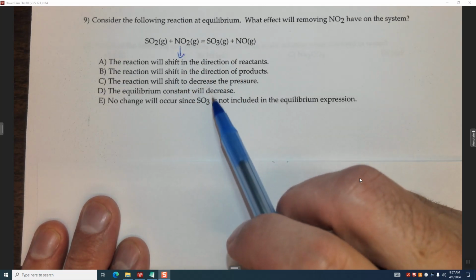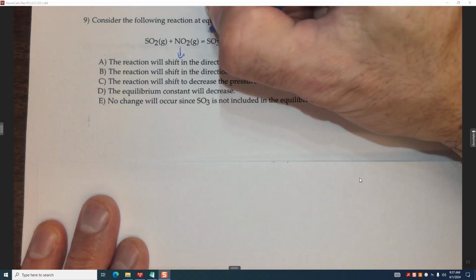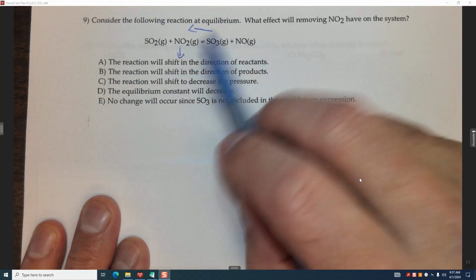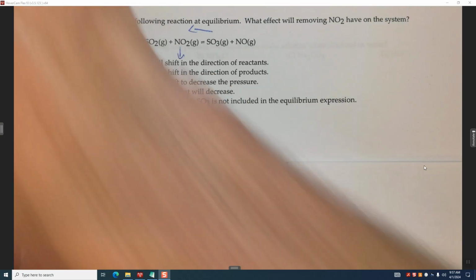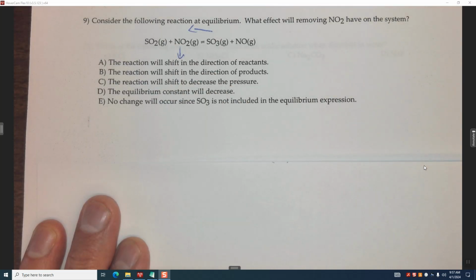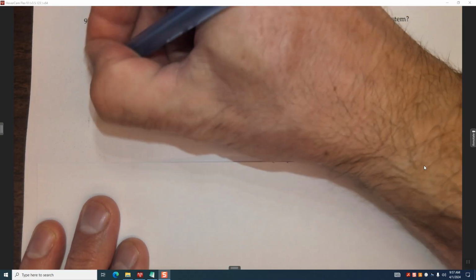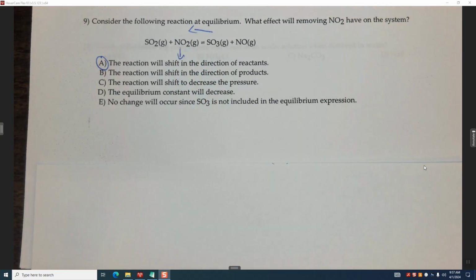Well, what's the only way the reaction can make more NO2 to compensate for the NO2 that is gone? It is to shift to the left, because it knows that if it reacts SO3 with NO, it can make more NO2 to replace what has been lost, or taken out. So in this case, the reaction will shift in the direction of the reactants, which is to the left, because it wants to make NO2 when the concentration of NO2 is artificially decreased.